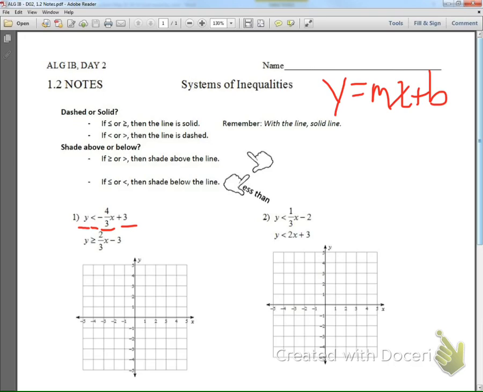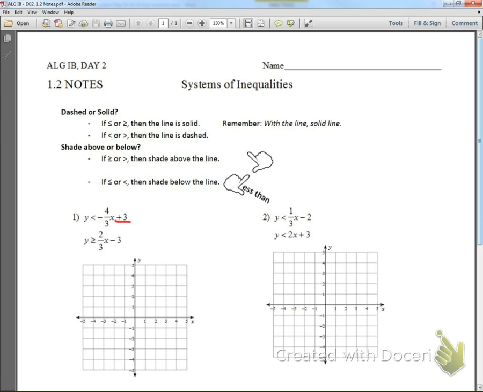The next thing you want to do is go ahead and graph it as if it was an equation instead of an inequality. So I'm going to start off to graph problem number 1. Just like when graphing an equation, I always begin with b. In this case, that's positive 3 on the first inequality.